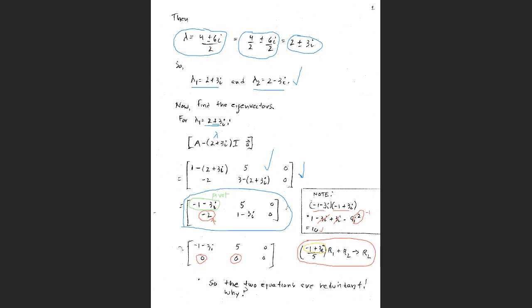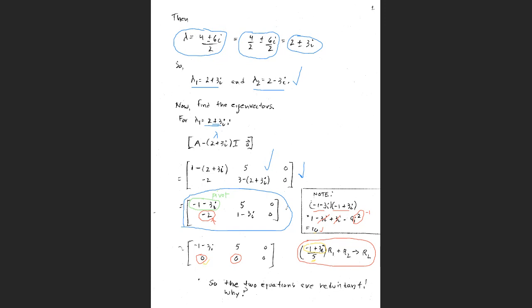So I'm going to take the 10 and divide it by 5. What I mean is if I take -1 plus 3i and divide it by 5, then when I multiply -1 plus 3i over 5 times -1 minus 3i, I'll get a positive 2. And 2 and -2 make 0.